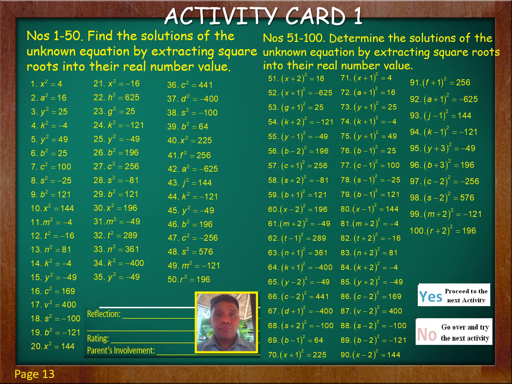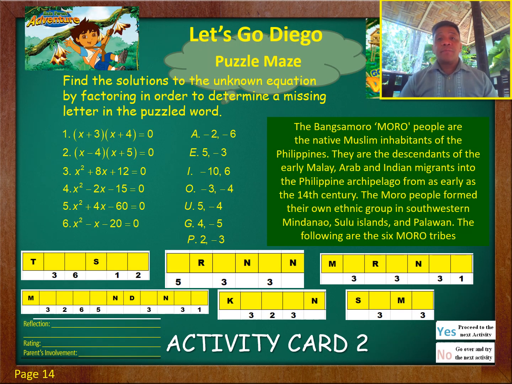Activity 1, again, as I said, focuses only on using extracting square roots. Then in activity number 2, you're going to perform using factoring.